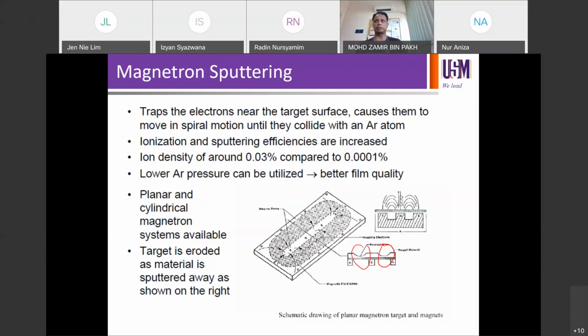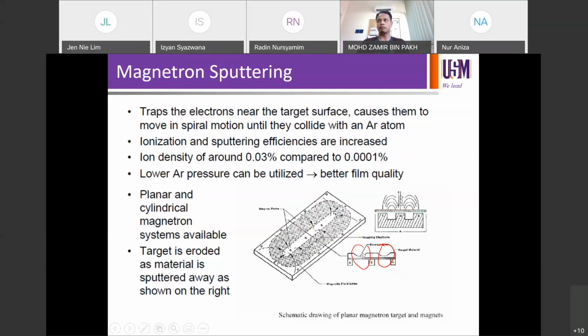If you look at the target material from the top, usually in our lab it's a 3-inch diameter target. Over time, due to the use of magnetron, you can see from the cross section just using your naked eyes that the middle is eroded a little bit. It has a sort of groove in the middle, just like what you can see on this image, right?